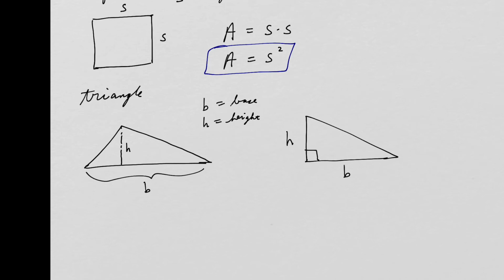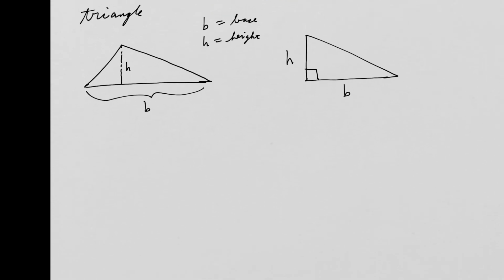And you could even have a triangle that looks like this. In that case, this would be the base, and then this would be the height H.